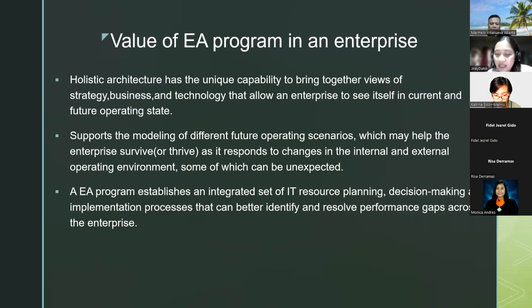On the value side, EA is unique in its ability to promote enterprise-wide thinking about resource utilization. Holistic architecture replaces the system-level approaches to IT resource development that have characterized the last several decades and have left many enterprises with stovepipe and/or duplicative IT resources.